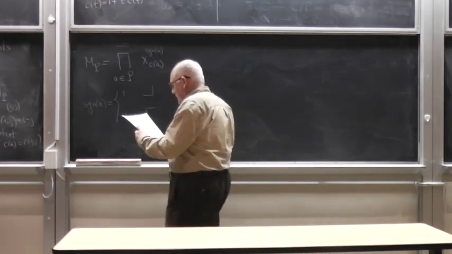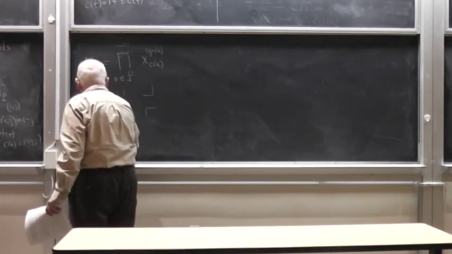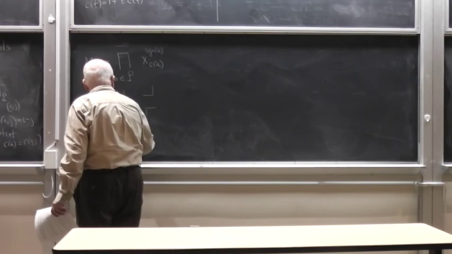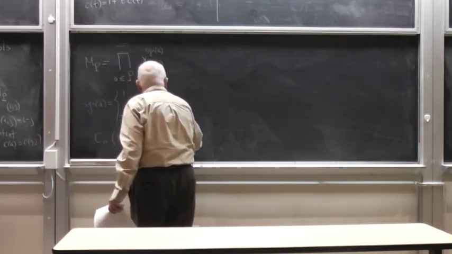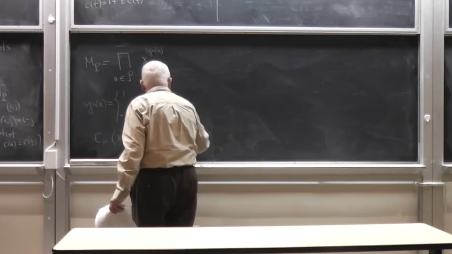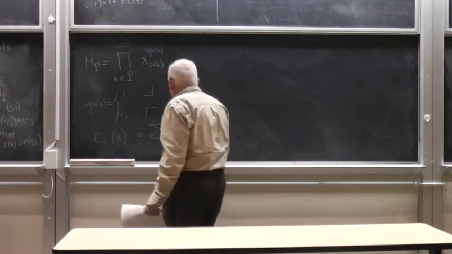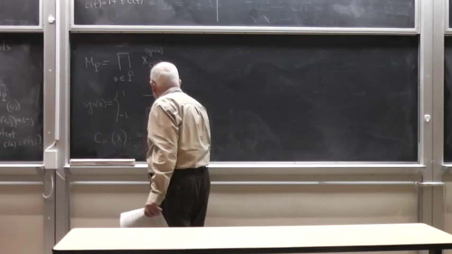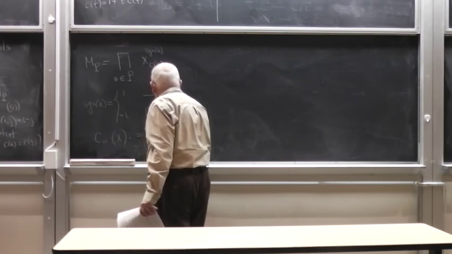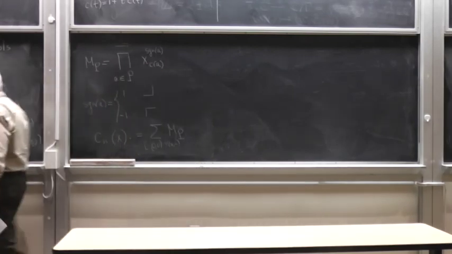And I define Cn of x as the sum of MP over all possible paths from 0, 0 to n, satisfying the condition.